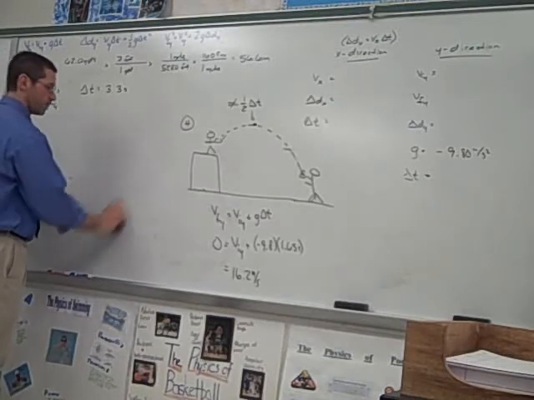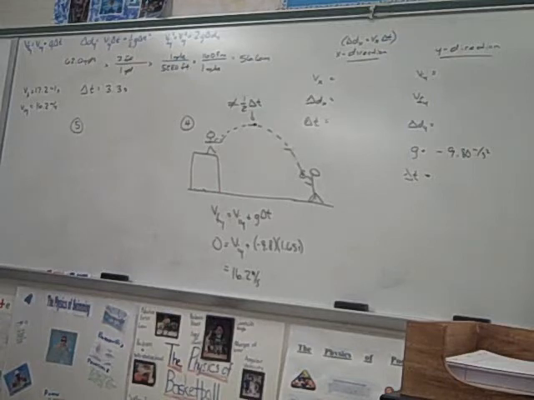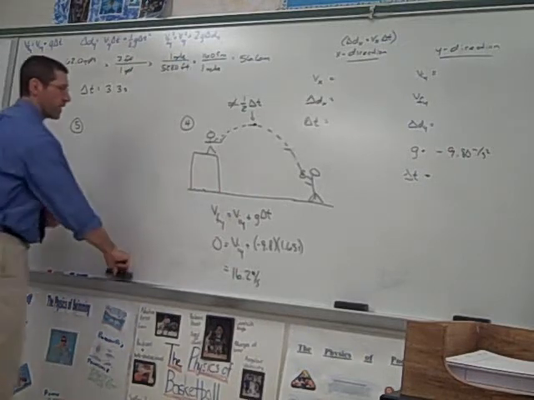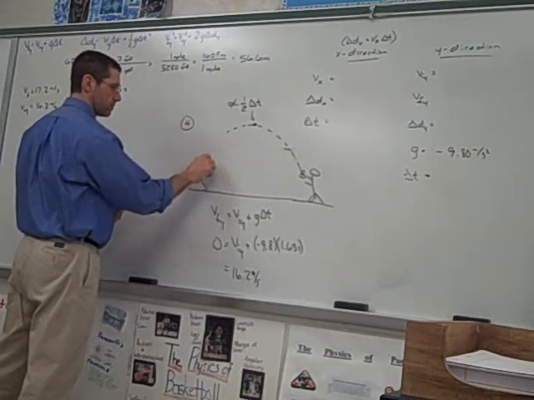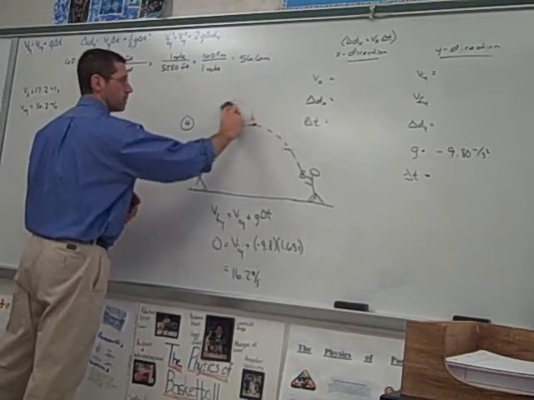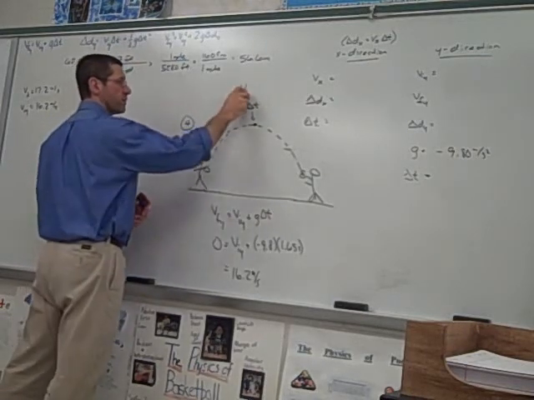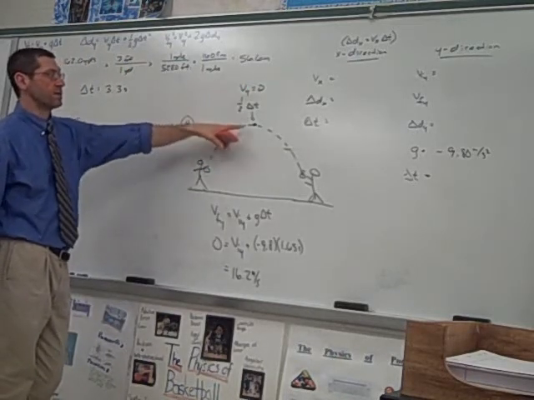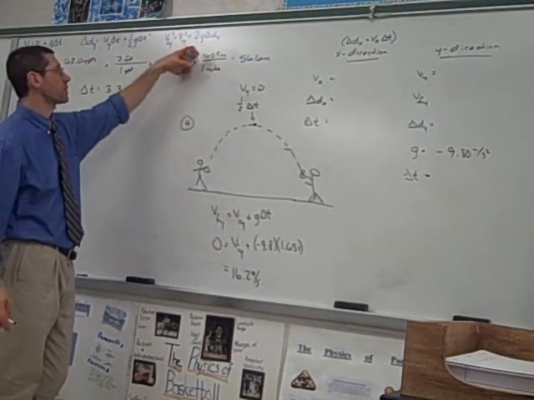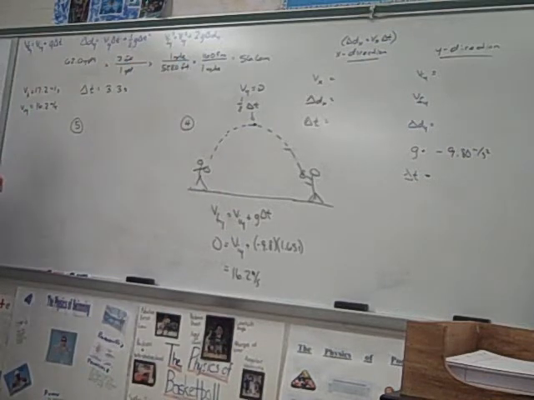Now, number 5, we want to find the maximum height. So we go back to our original picture. That is now half the time, the overall time, and also we know Vy there is 0. So we could use either one of these facts to get the delta dy at this point. We could either use the third equation or this equation with half the time, now that we have our VIY. So I'll use the third equation.